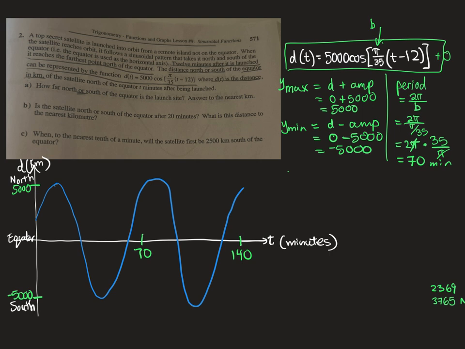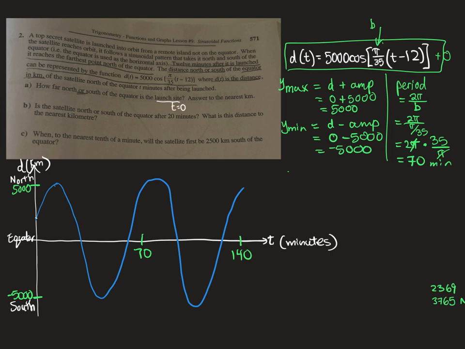Now let's see if we can answer part A of this question. It says, how far north or south of the equator is the launch site? So usually with these follow-up questions, they're either giving you the x value, or in this case t value, and asking for y, or in this case d, or the other way around. So when they said launch site, it would be launched at time equals 0.